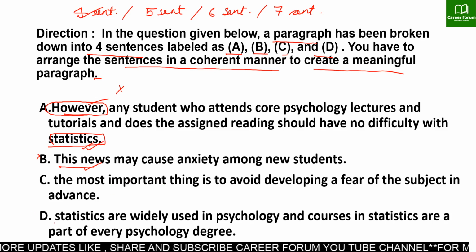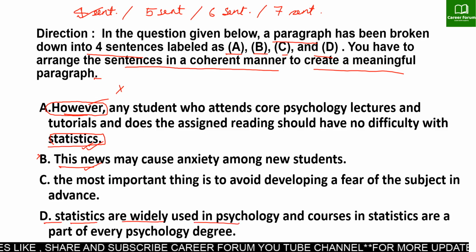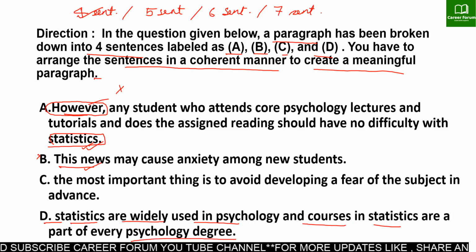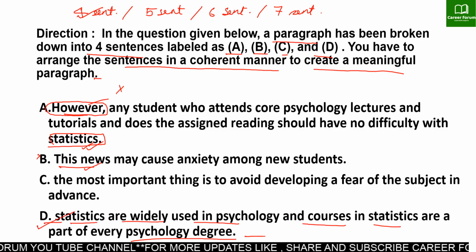So now look at the D sentence. Statistics are widely used in psychology, and courses in statistics are a part of every psychology degree. So among these 4 sentences, the only sentence which gives you the idea about the theme is the 4th one. So the first sentence should be D.